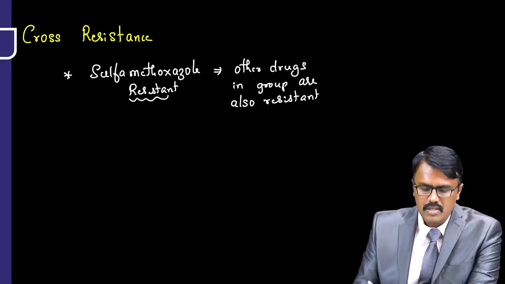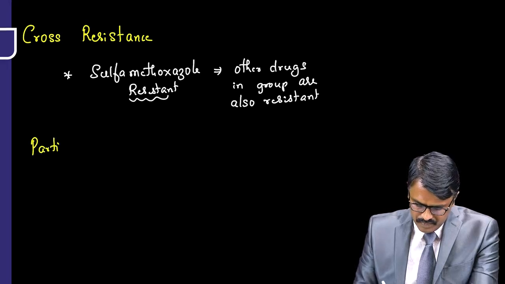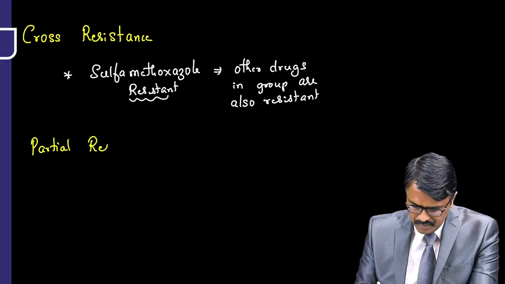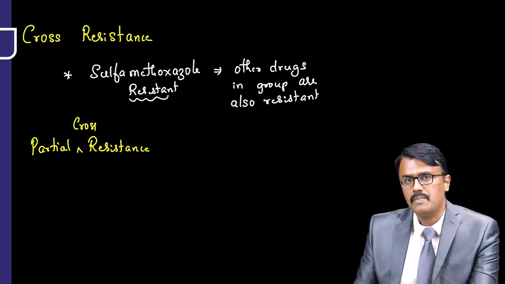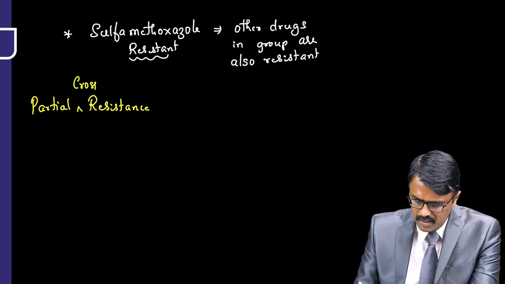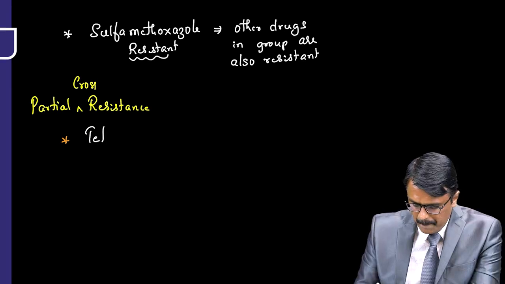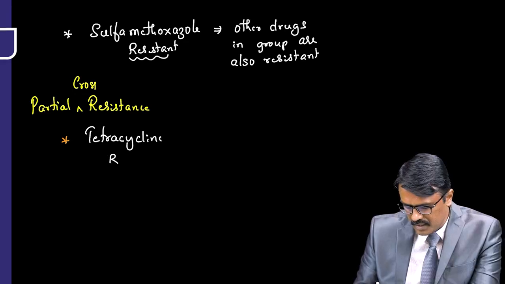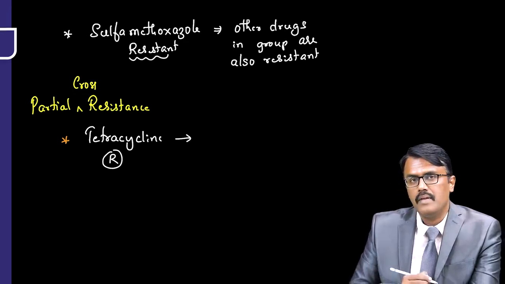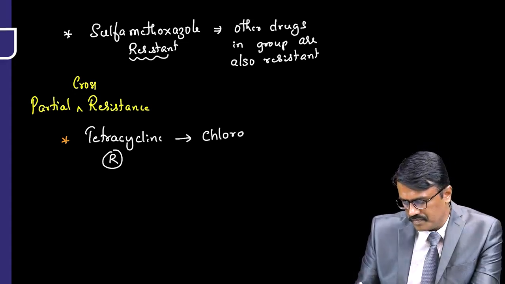Now there is one more concept called partial cross resistance. What do you mean by partial cross resistance? Suppose somebody is tetracycline resistant, there is a high chance the bacteria are also resistant to the chloramphenicol group.